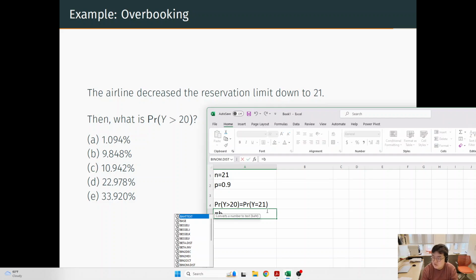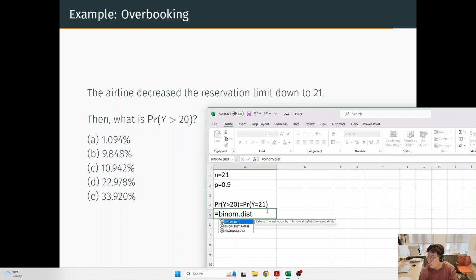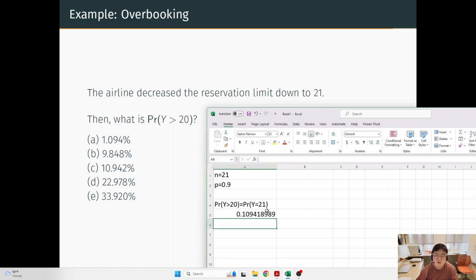You can just use the binomial distribution formula, right? You have to input many things. First, number of successes, 21, number of trials, 21, probability of success, 0.9, and cumulative, false. If you type this and enter, you are going to get this probability.